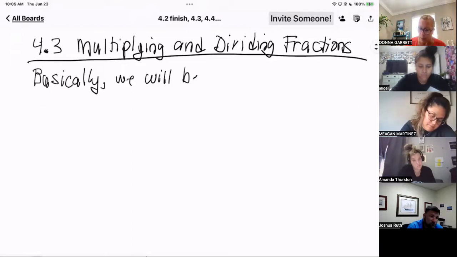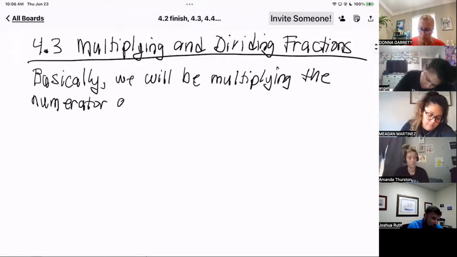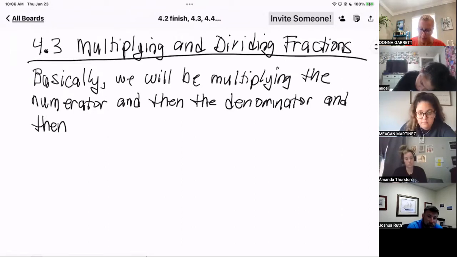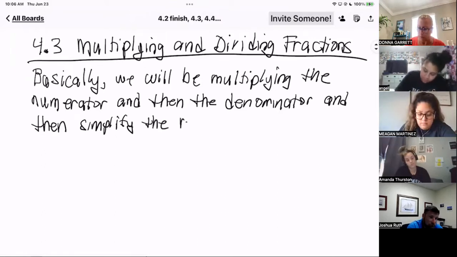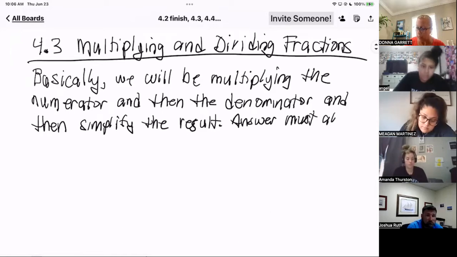Basically, we will be multiplying the numerator and then the denominator and then simplify the result. The answer must always be in simplest form.